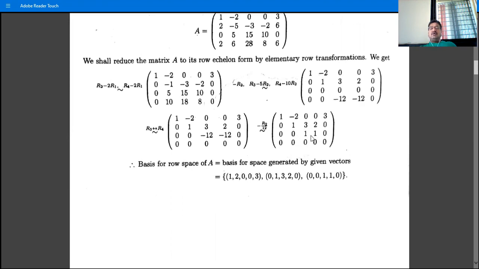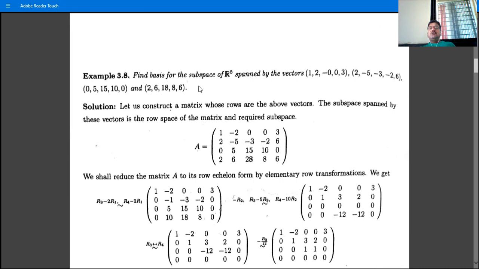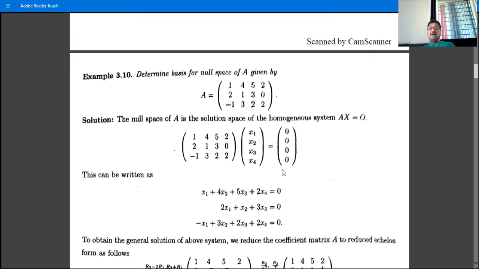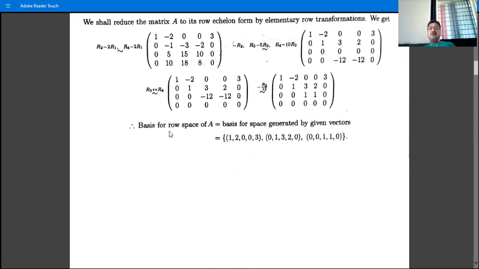So the basis for the row space of A, that is, the basis for the space spanned or generated by the given vectors, the basis for the space spanned by these four vectors, is actually the basis for the row space of A, and we know that the basis for the row space of A is the set of non-zero rows.